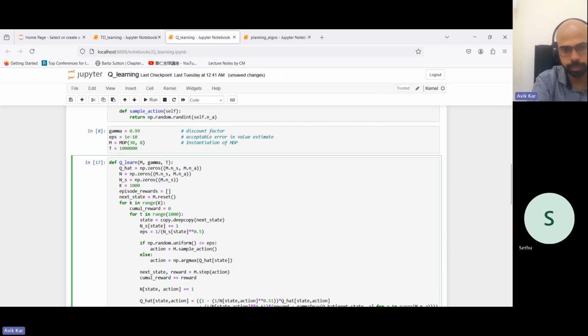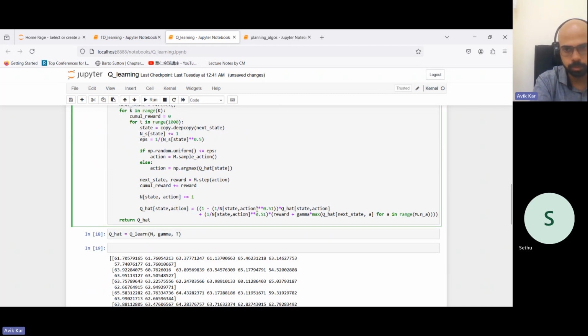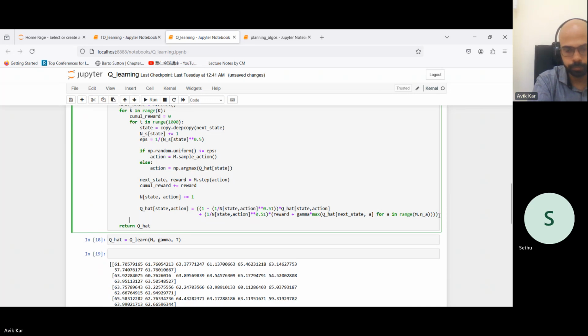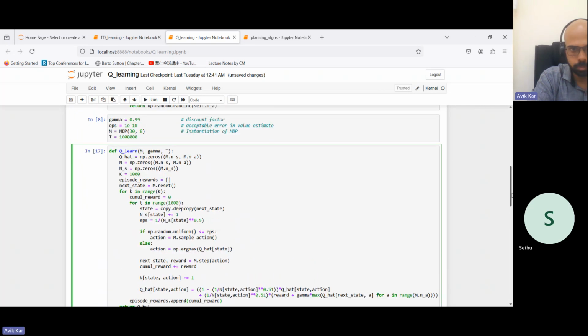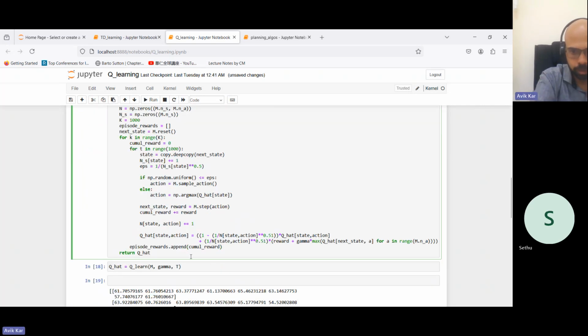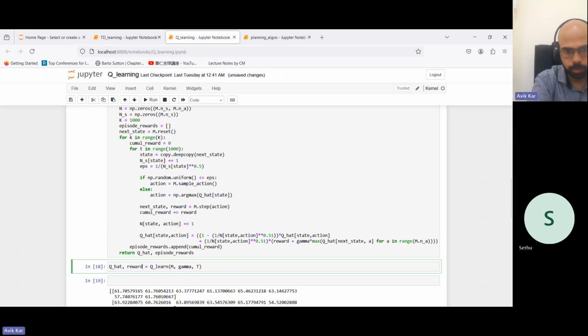At the end of the episode, we append the cumulative reward to episode rewards, and then return episode rewards. The idea is that the episode reward should increase.